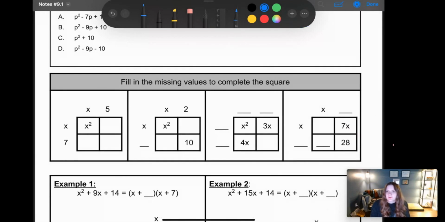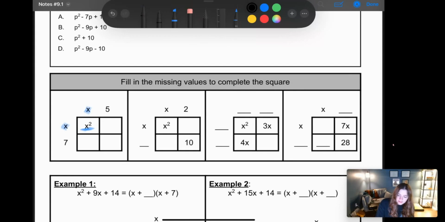And basically what we're doing on these first few is we're kind of working in reverse to figure out what the trinomial is. And you can see that here in the box method. As you can see on this first one, we have x and x give us x squared, right? And that's what you're going to keep doing.